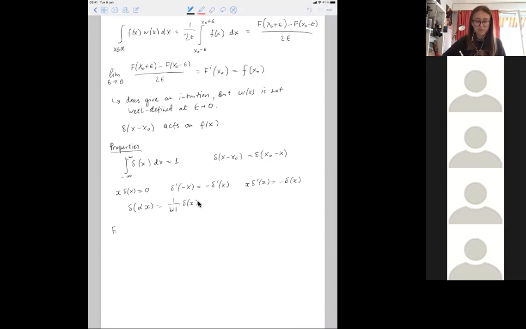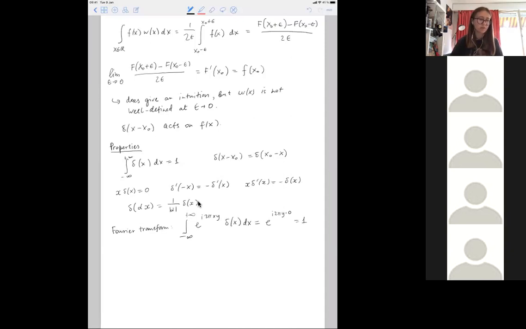And finally, the Fourier transform. So if we take the Fourier transform of the delta function, the integral of e to the minus i k x times delta of x dx. So here is just the function delta of x acting on this complex exponential. And hence, it just tells us the value of the complex exponential at x equals 0, which is this, so it'll be 1.